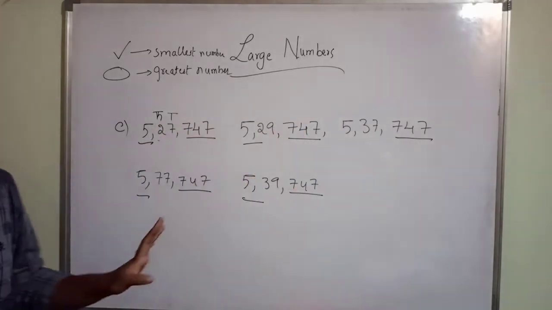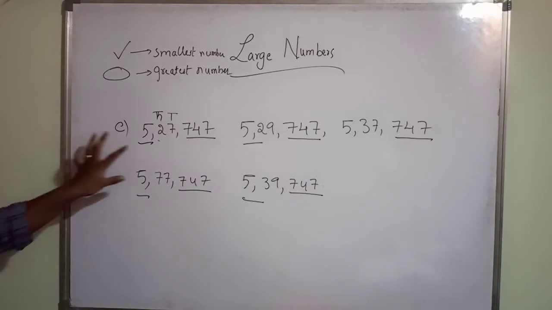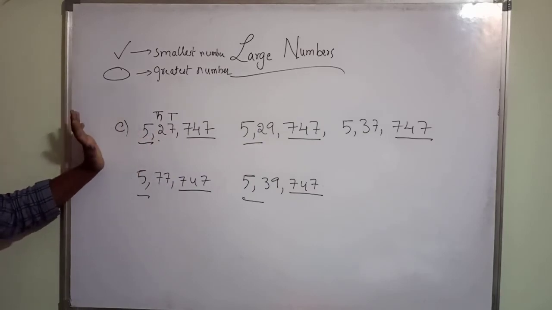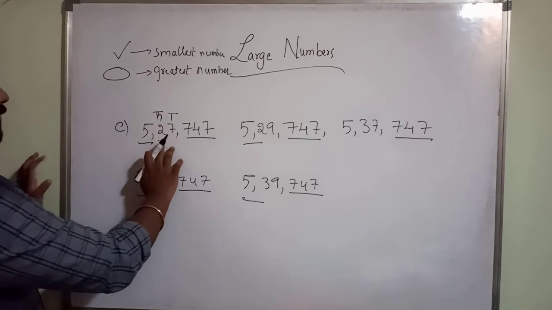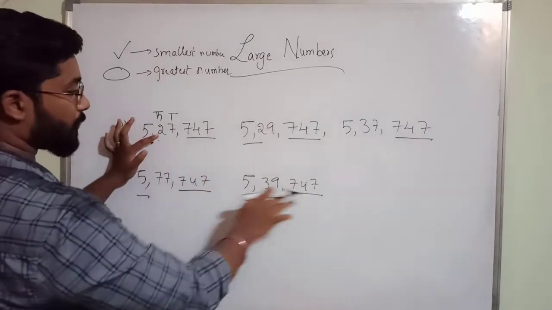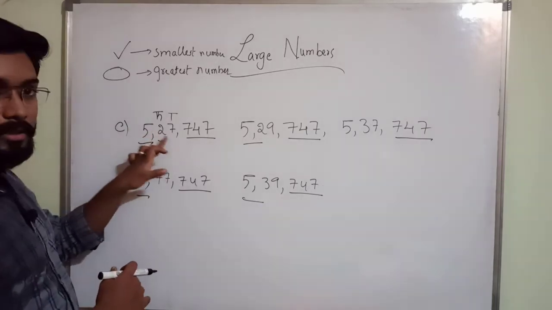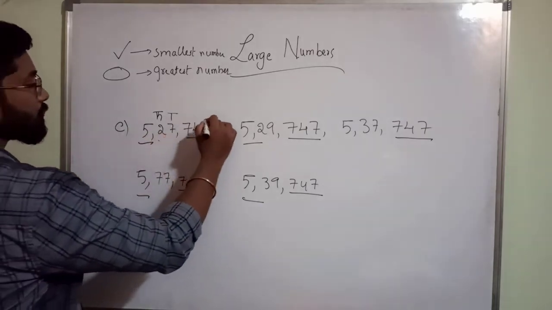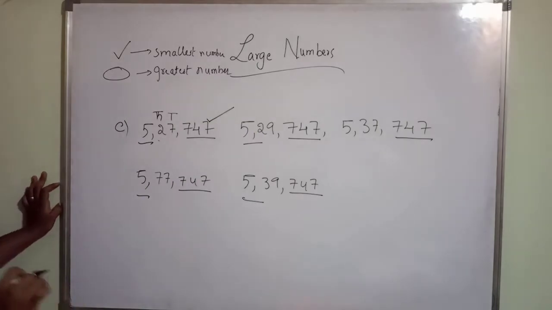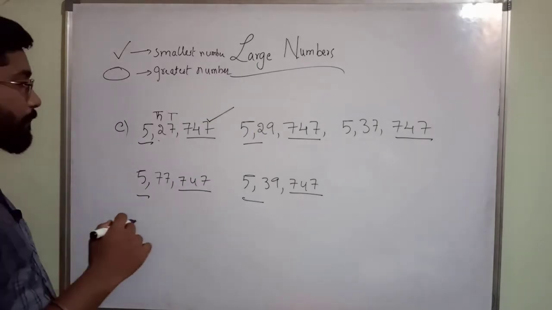Among all these, which one is the smallest? 27 is the smallest. Is it clear? All these numbers are greater than 27,000. So this one is the smallest number.